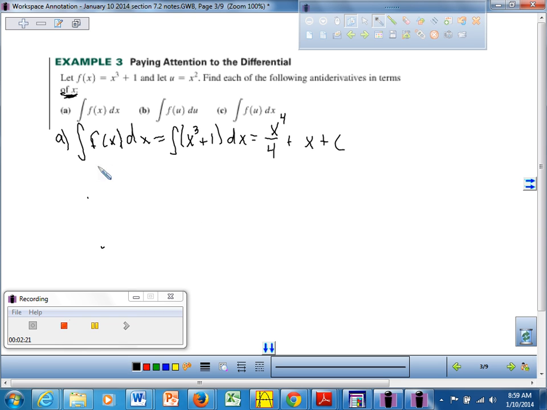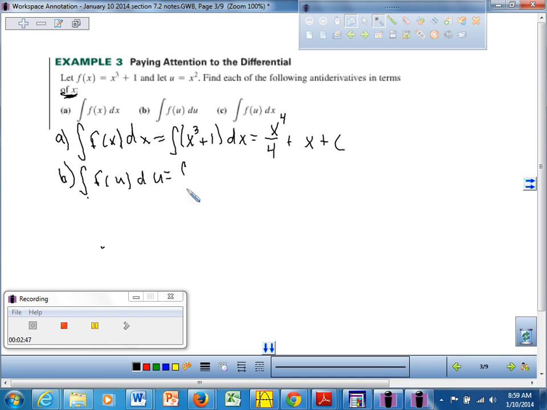All right, now the next one says, let's do the integral of f of u du. That means we're all in u. Well, what is f of u? F of u is just plugging u into f of x.